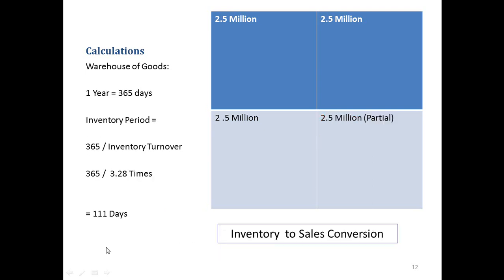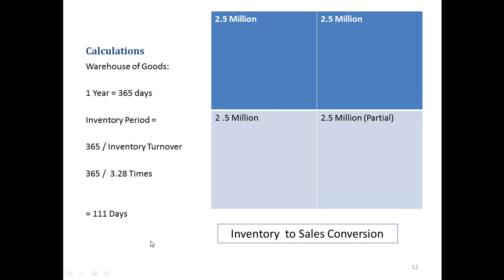That's how we come up with this number. Now, in class, this next equation is simply putting it in more layman's terms, something we can identify with. It's putting that number into days out of the year. So 1 year is 365, obviously. The inventory period is 365 over that turnover, which is 3.28.